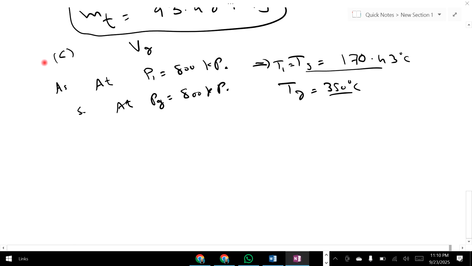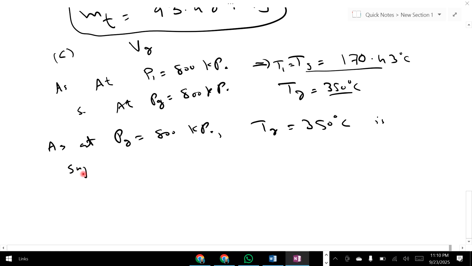So point 2 will be in the superheated region, as at P2 is equal to 800 kilopascal, T2 is equal to 350 degrees centigrade is superheated temperature.